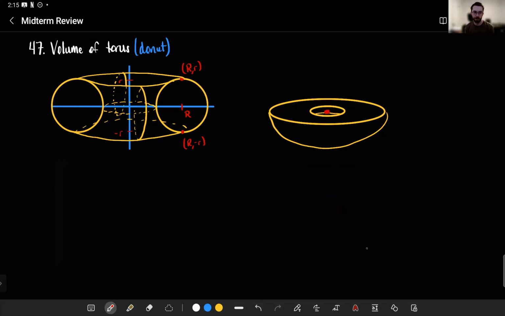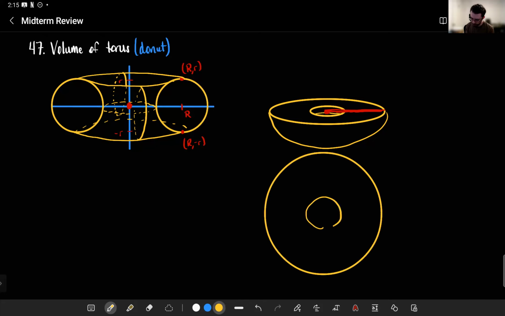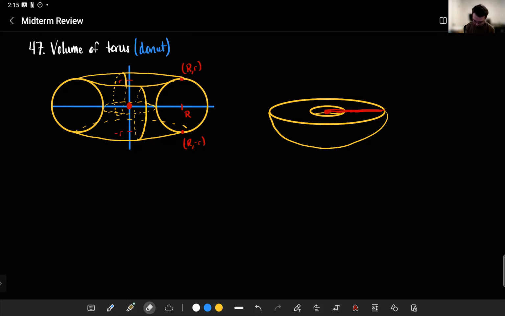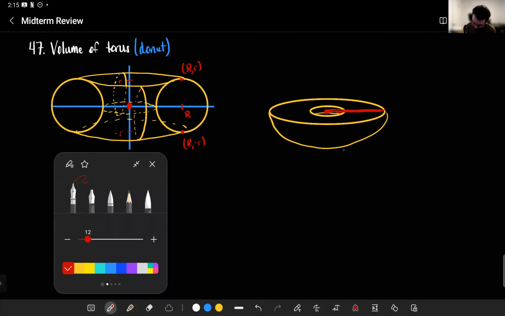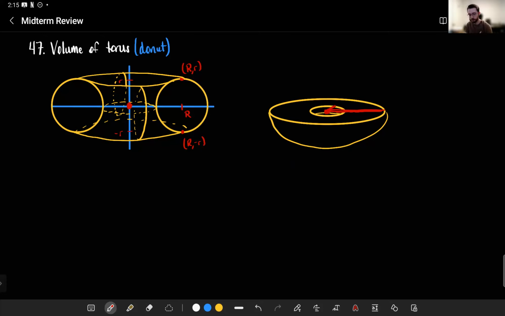So this point in red I just drew is sort of like the origin here. And we need to know the outer radius and the inner radius. So the outer radius is sort of this distance, because you're imagining looking at it straight down, it looks like this. And so that's the outer radius. This is the inner radius. Okay, so inner radius is going to be this guy. So how do we figure those out?